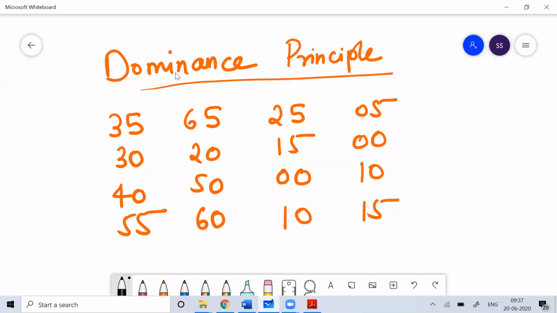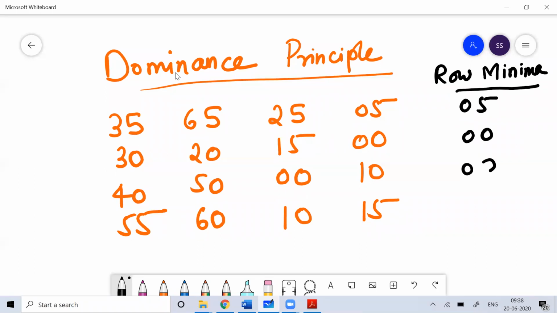Whenever you get the question in the exam, you first check the possibility of pure strategy. In order to do that, you will find the row minima, the minimum element in each row: 5, 0, then here 0, and here the smallest element is 10.